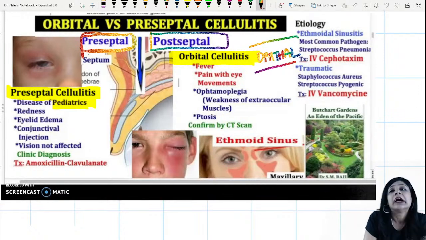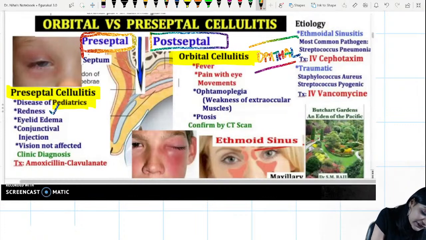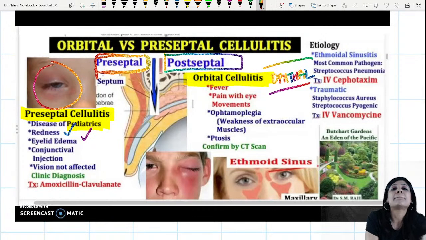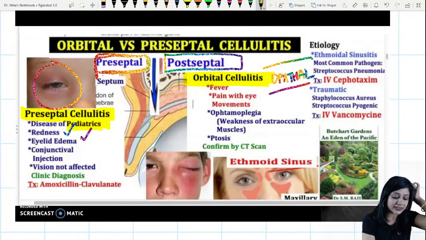Now, the complaints given by the child are similar but less severe. These children come with redness, edema, and conjunctival injection, but the degree of the problem, if you look at the eye, is much less severe in comparison to frank orbital cellulitis.